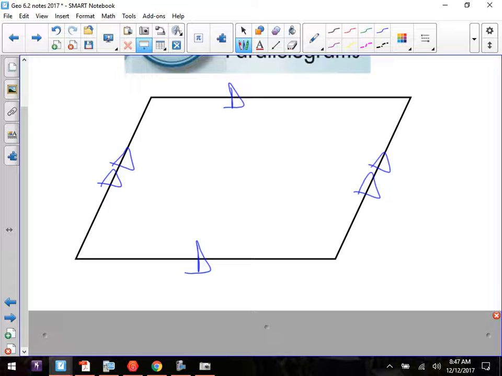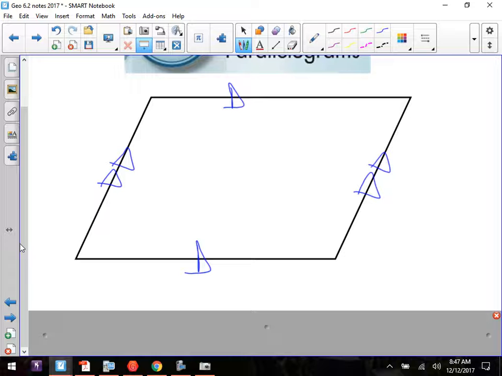Let's just say this. Opposite sides are parallel. Pretty obvious there. Do you remember something else? Well, actually, let's go off the idea of being parallel.